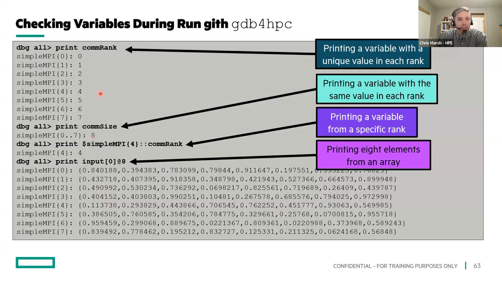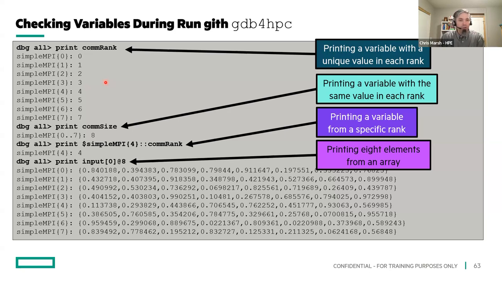So, printing variables has a couple of unique syntactical things, and so we wanted to provide some details on that. With MPI in general, let's say in this case we have 8 ranks, but if you have some number of ranks, each of those ranks will have its own memory footprint, right? Meaning that all the variables that you've declared in your program will be duplicated for each of the ranks that you have.